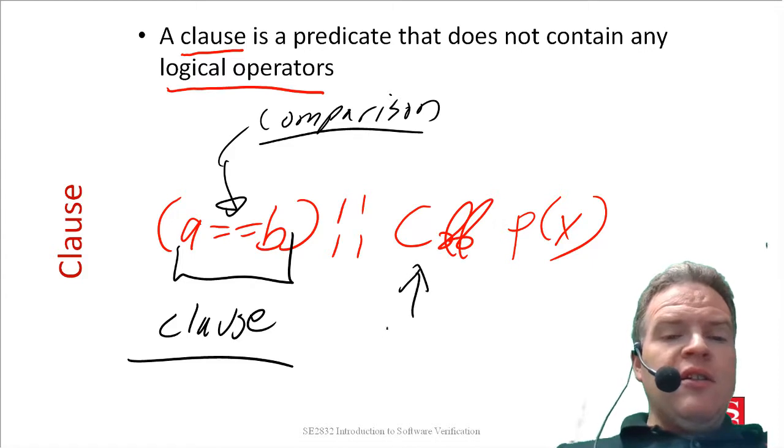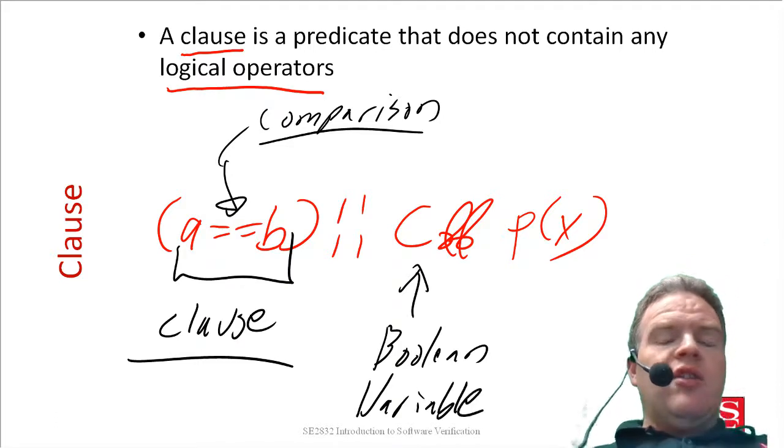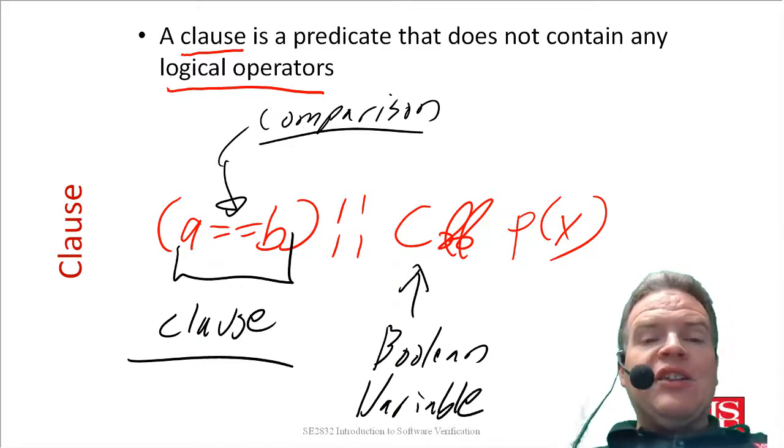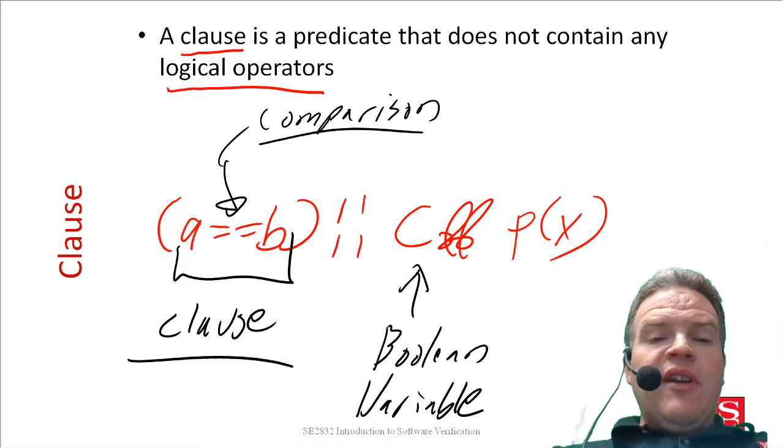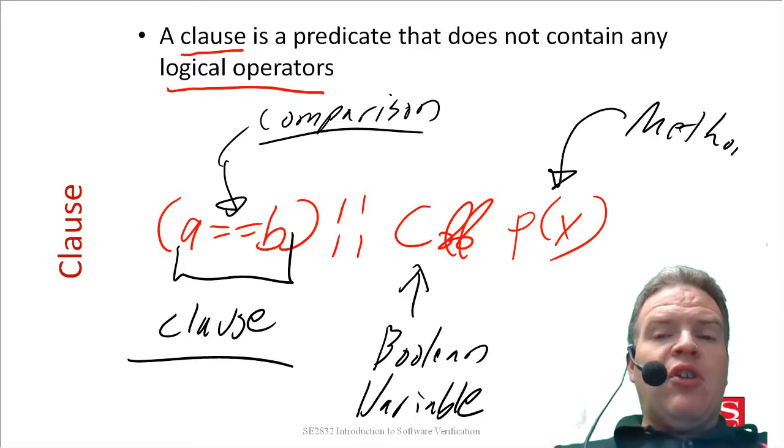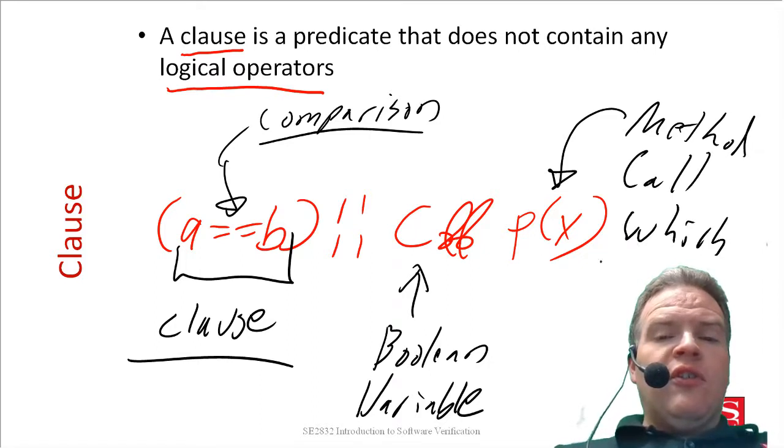C here is a Boolean variable. Again, we don't have any logical operators associated with it. And P of X here, this is a method call which returns a Boolean.